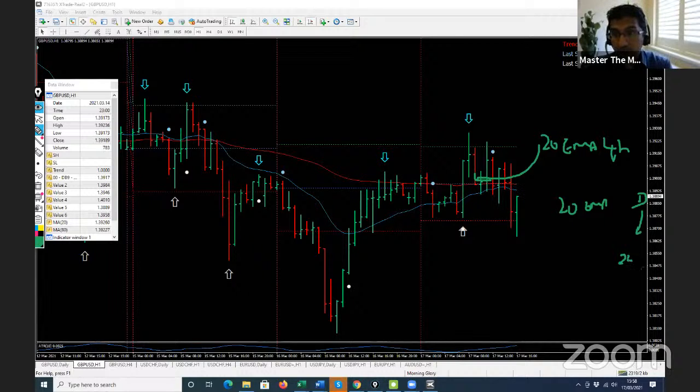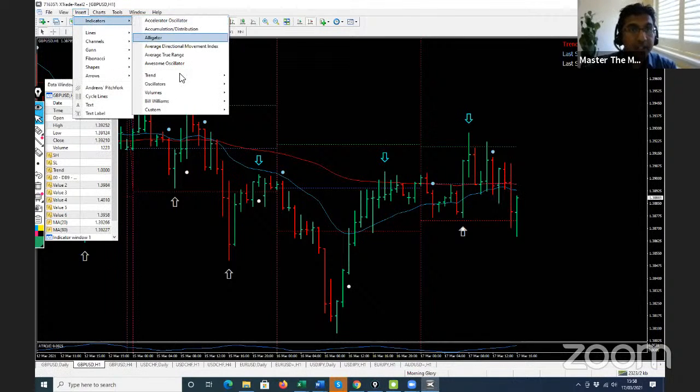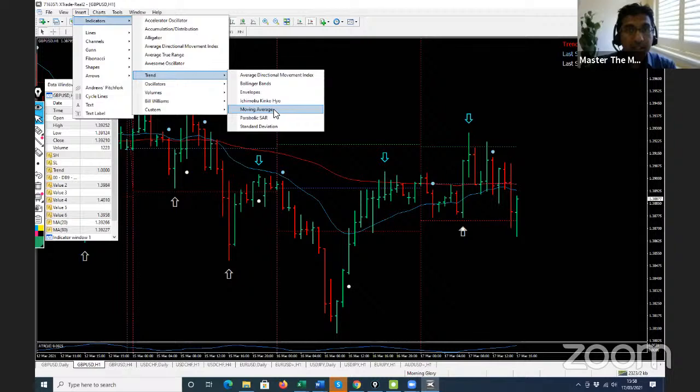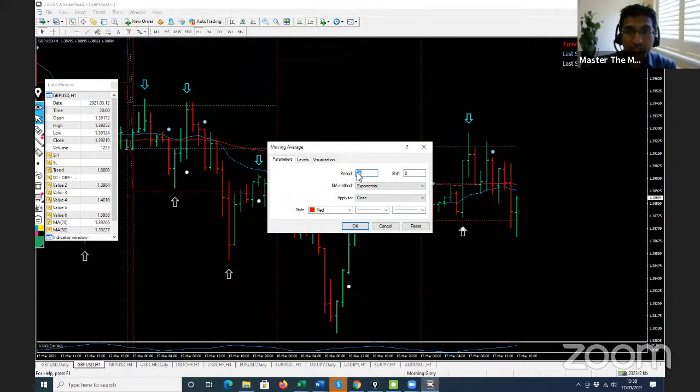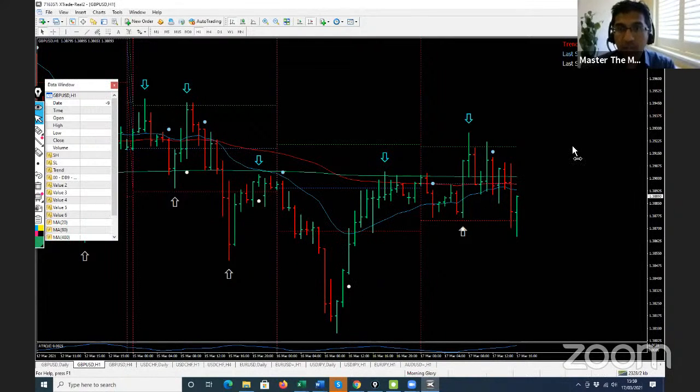It's 24 hours, right? Especially in the currency market. So 20 days will be 480 hours. So I'll put an indicator here, and I'll just do 480 here. And I'll put that as green.